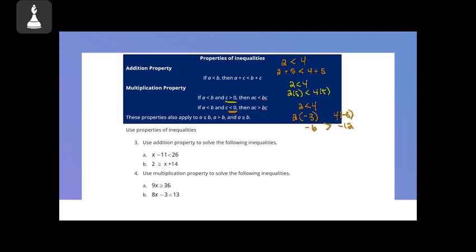So there is a special rule that if you multiply and or divide by a negative number, you have to flip the inequality symbol to maintain a true statement. Let me say that again. If you multiply or divide by a negative number, you must flip the inequality to maintain a true statement.